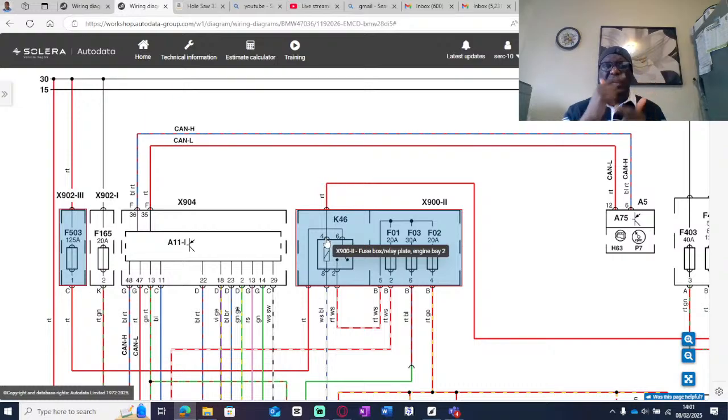Some manufacturers will use 86 or 85, so just be careful and see for yourself as you read the diagram, right? Before you turn the ignition key on, you should have one power. When you turn the ignition key on, you should have 2 powers. Then you know that, as far as power is concerned, your relay is being powered.